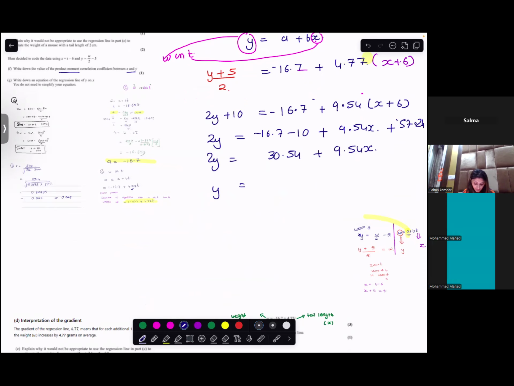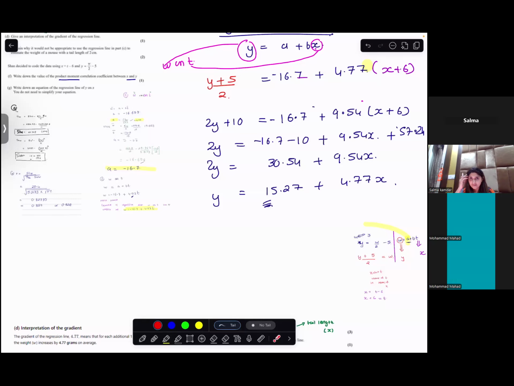So y would be equal to 15.27 plus 4.77x. Just check this answer. Is this correct? 15.27. You can also leave the equation in this form because it's just for 1 mark.